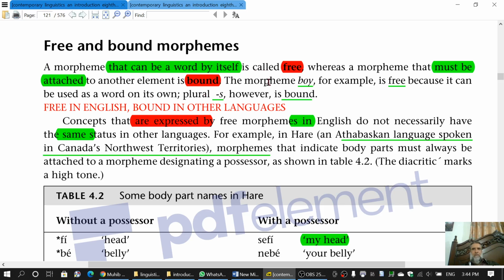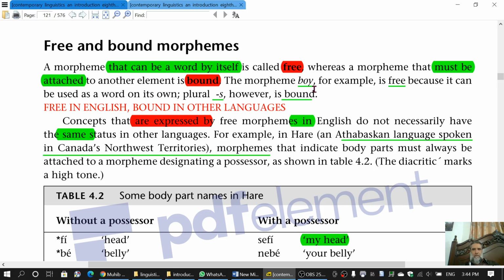It is free because it can stand alone on its own, and it doesn't need anything for its meaning to be given. And a bound morpheme is the one which must be attached to another element in order to give its meaning.